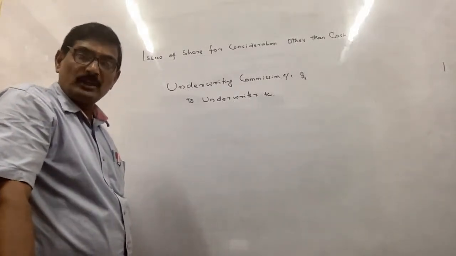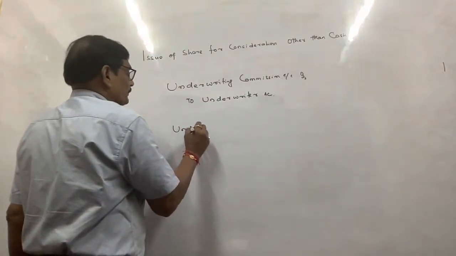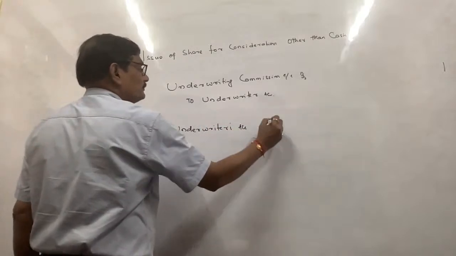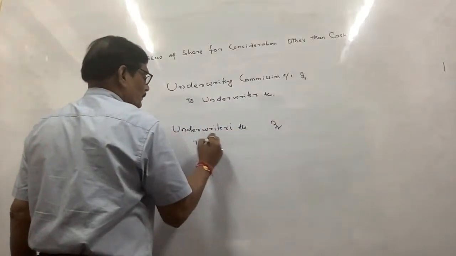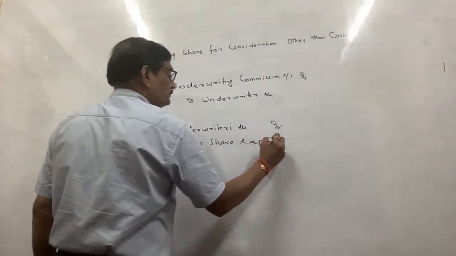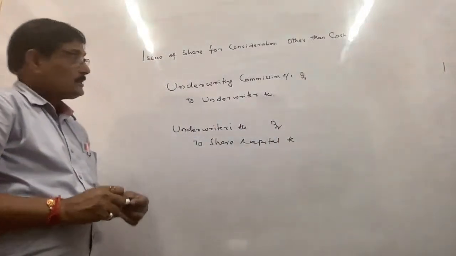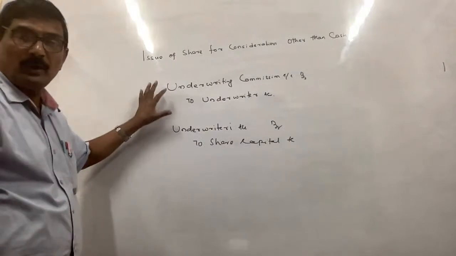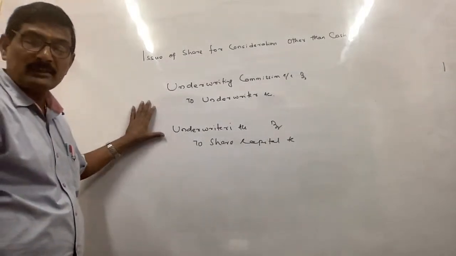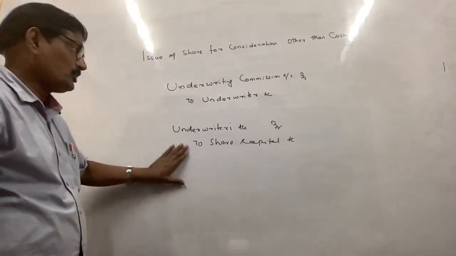And when we issue the shares, the entry will be underwriter's account debit to share capital account. So for allotment of shares to the underwriter, underwriter's account debited to share capital.